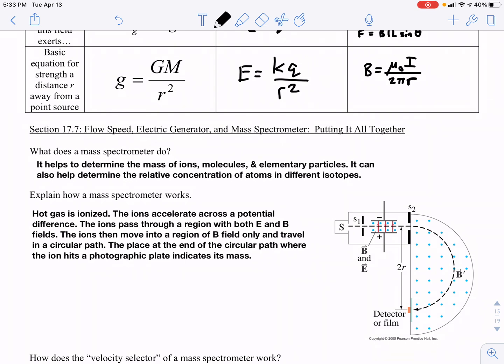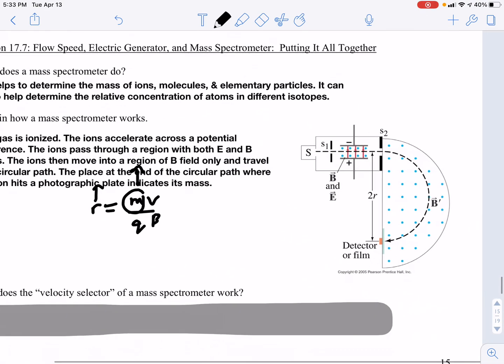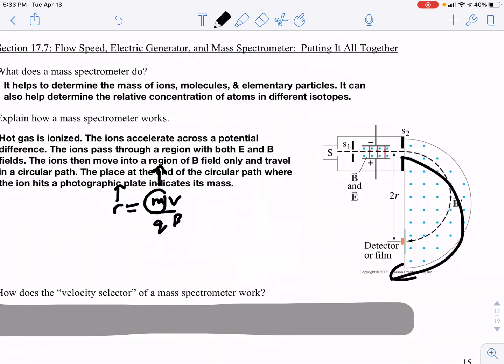Where the particle hits a detector or film is an indicator of its mass. This is why, if we look at the equation we set up earlier, R equals mv over qB, if the mass is bigger, the radius is bigger, meaning a bigger curve.